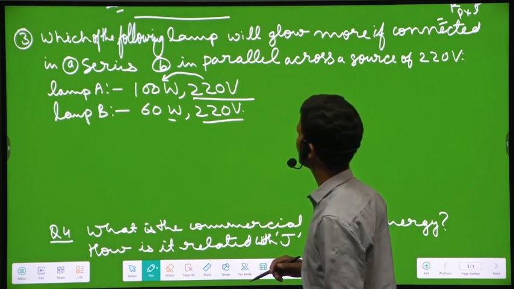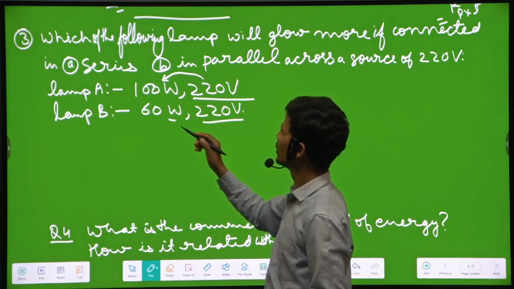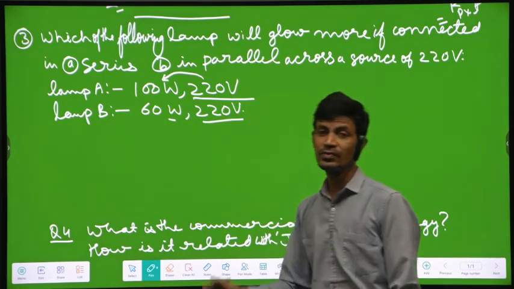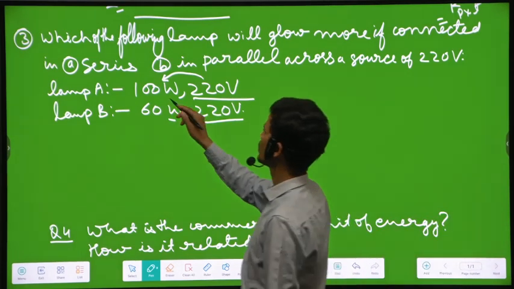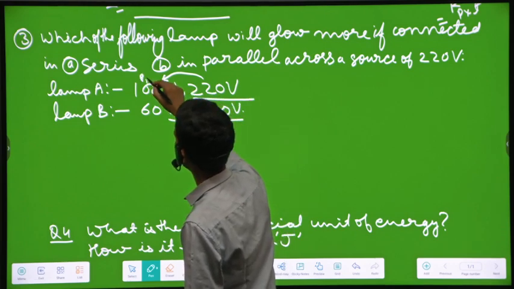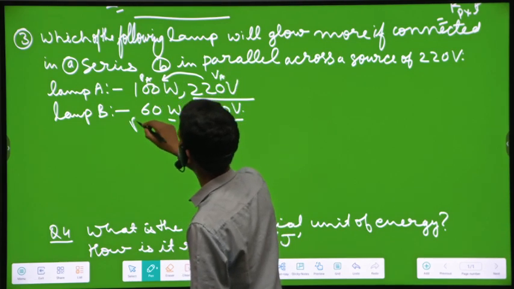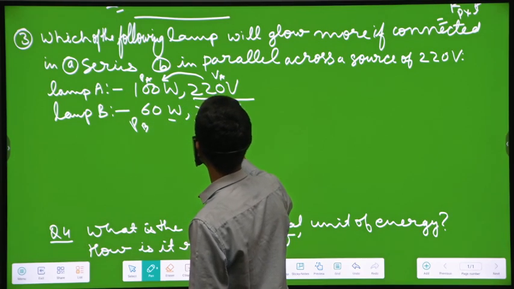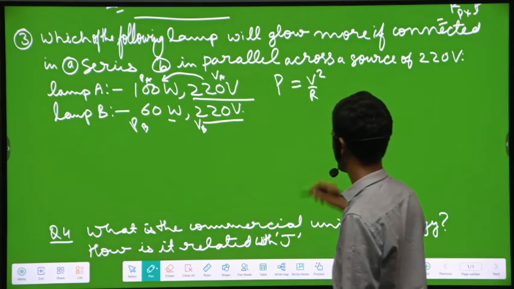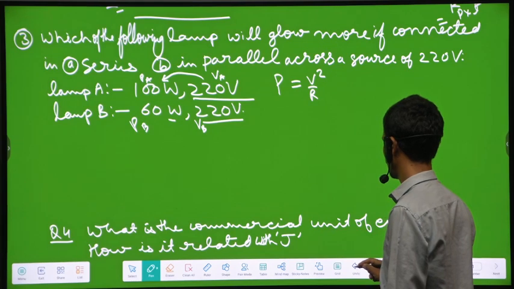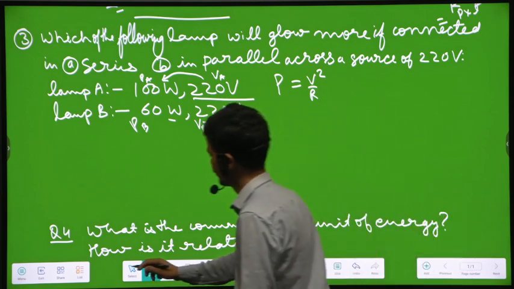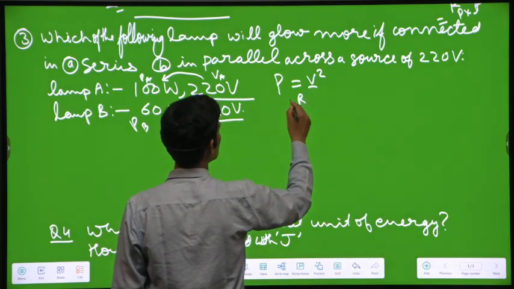Okay, so what are we going to do? First of all, find resistance, because whether it is series or parallel, resistance will remain the same. So this is P for A, this is V for A, this is P for B, power, and V for B. We know a formula, P equal to V square by R. So using this formula, we can do a little bit of cross multiplication.